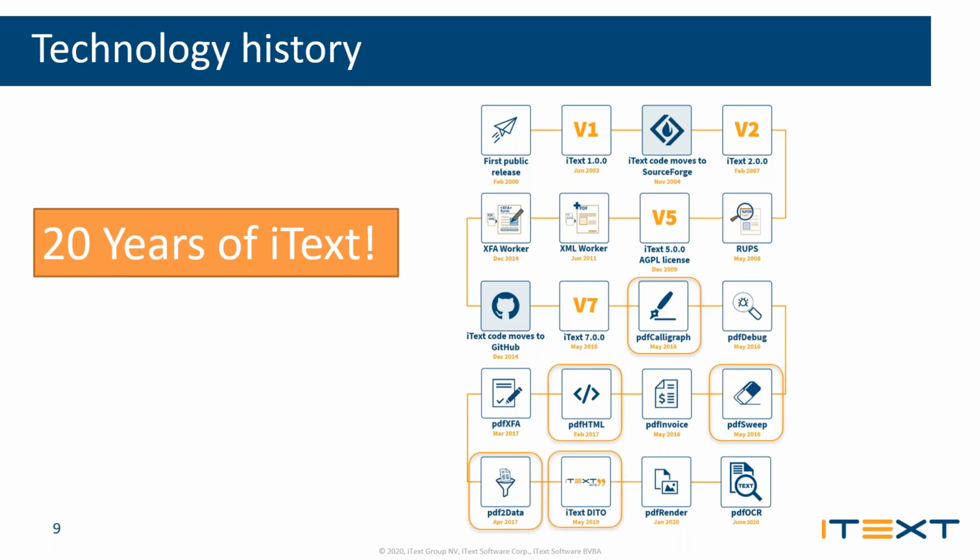And finally, we have iText DITO. iText DITO is separate from our iText 7 suite, but it is our more serious foray into more business-like applications, where we enable actors other than developers to be involved in the process. It is a document generator that simplifies the process of creating and maintaining data-driven forms and templates with a visual template designer and a powerful backend for processing.